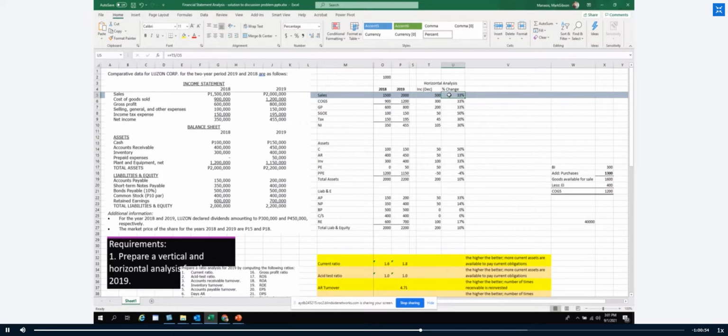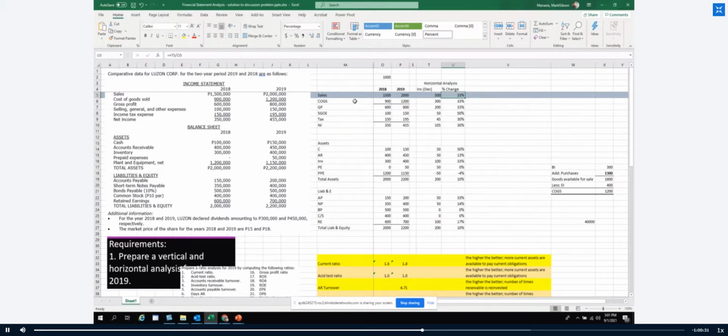So our sales in 2019 have increased by 500,000 pesos, or a 33% increase. That's how we do horizontal analysis.